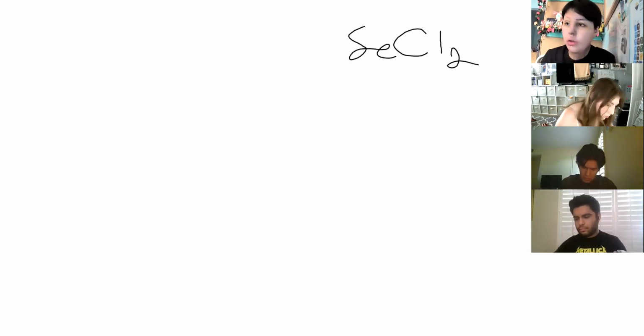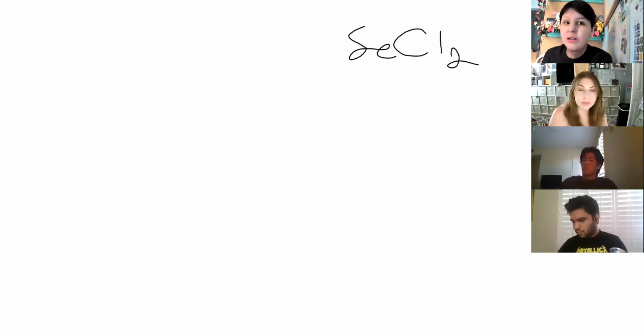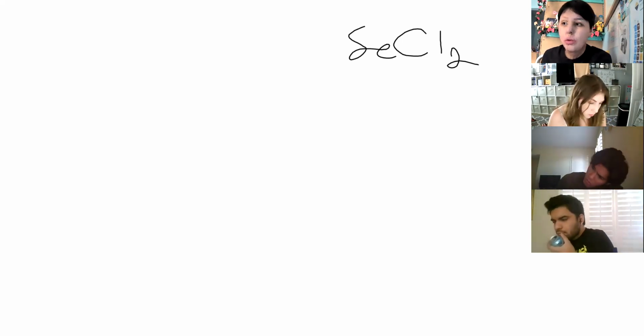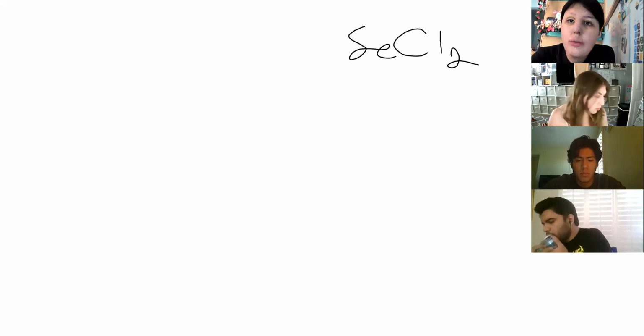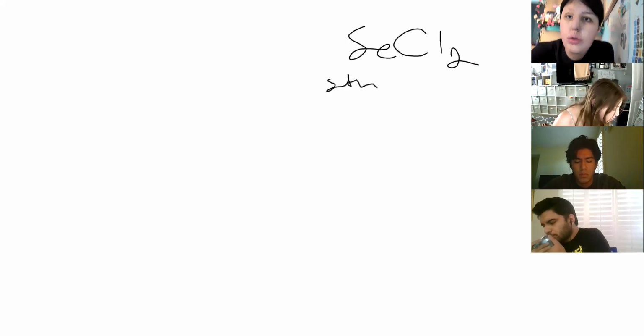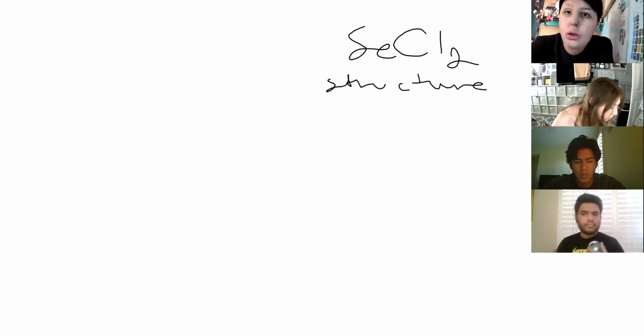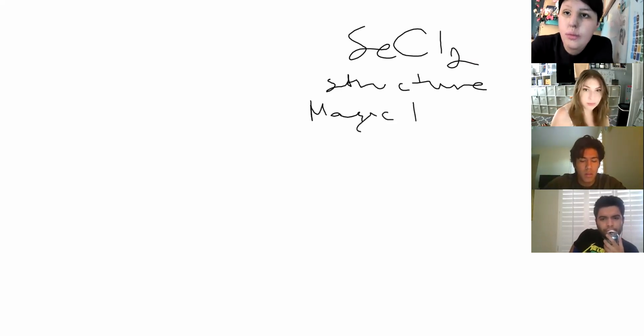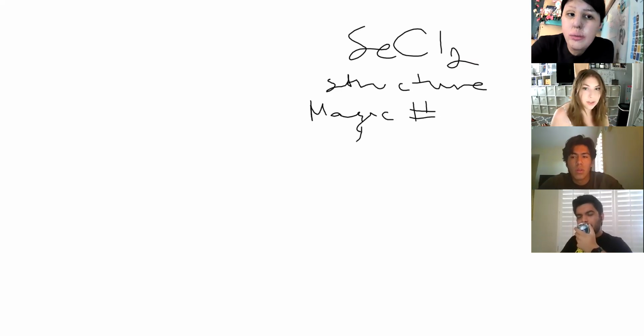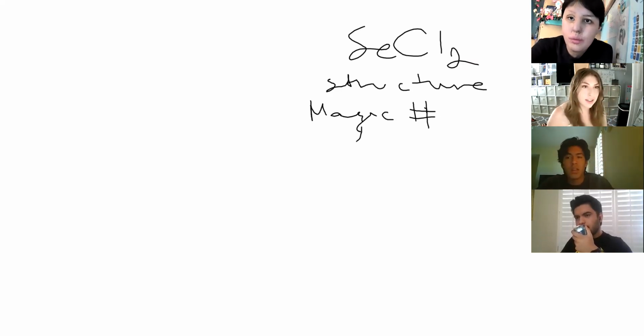SeCl2. What question is this? It's asking for the structure, the magic number, the electronic geometry, the molecular geometry, the bond angle on the central atom, and the hybridization of the central atom. Page 298.